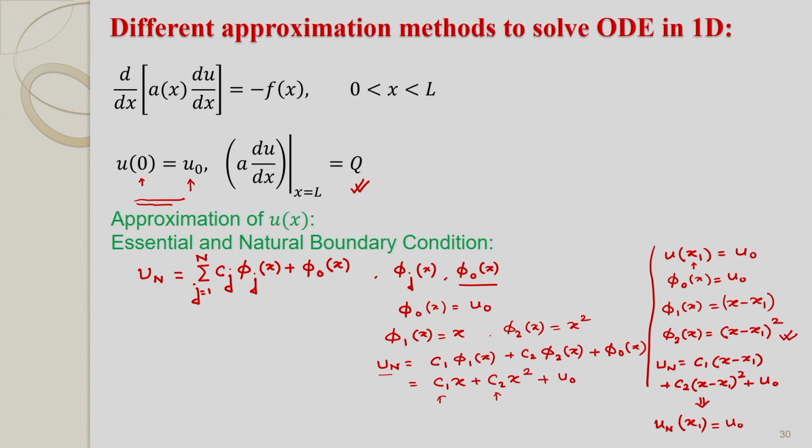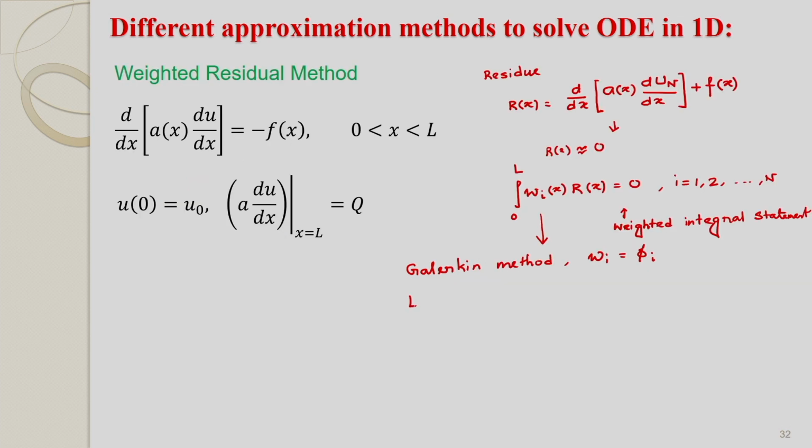For this problem, phi 1 is x, phi 2 is x square. For least square method, weight is of this form, similar to our residue.